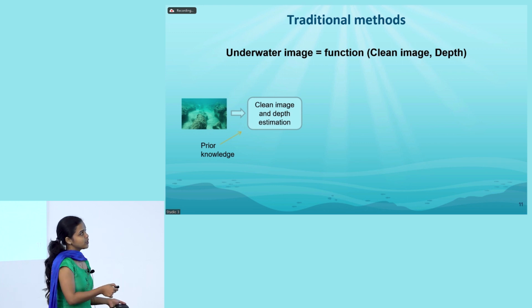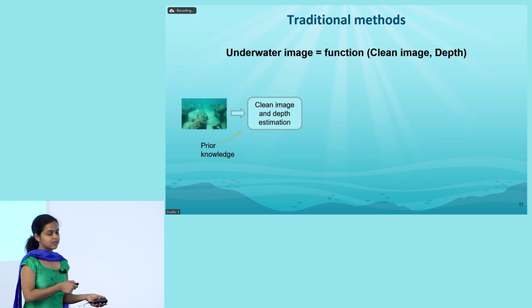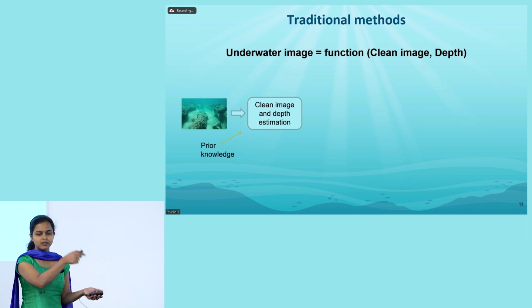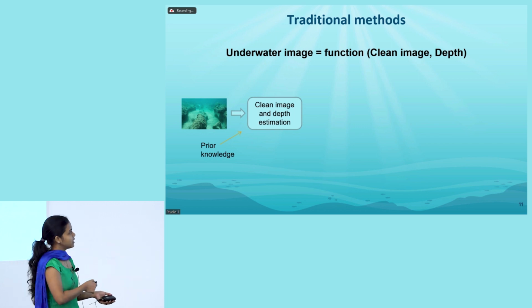Different combinations of clean image and depth will give the same underwater image, right? So, they have to use prior knowledge. Prior knowledge is some knowledge we have, for example that the restored image should look like this. That prior knowledge also has to be combined with the underwater image for the optimization.